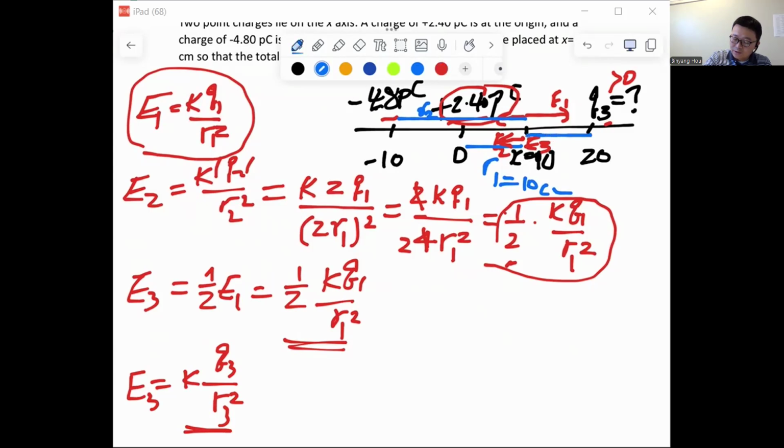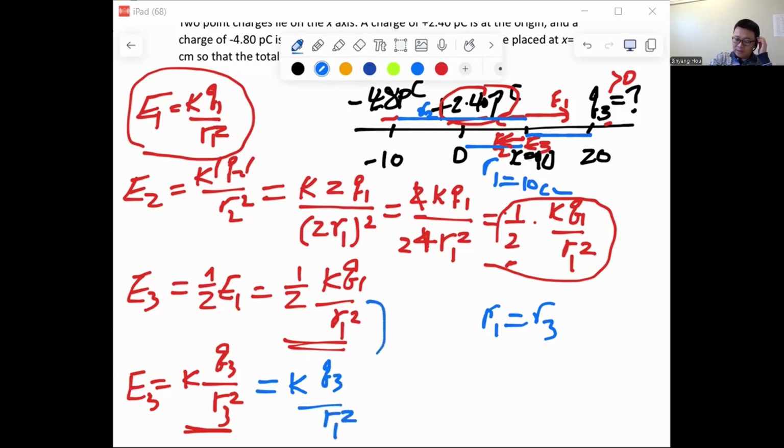So R3 is also 10. It's 20 minus 10, which is also 10. So R3 and R1 are basically the same. So going back here, this will be equal to kQ3 over R1 squared.